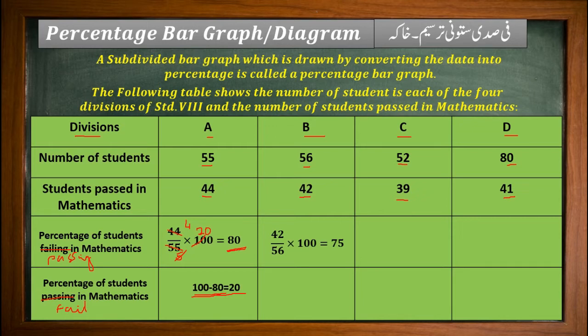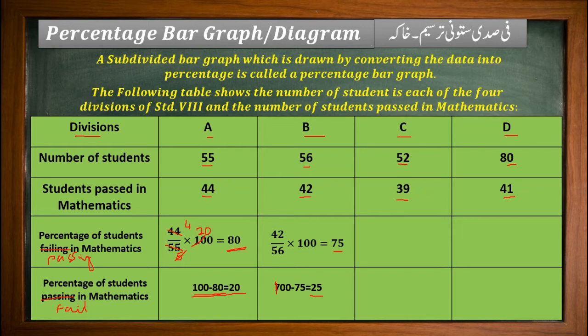Now what is the percent of students who failed in standard 8th B division? 75% passed, so 100 minus 75 gives us 25%. So 25% of students failed here.